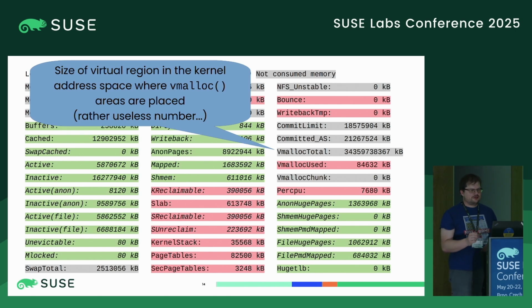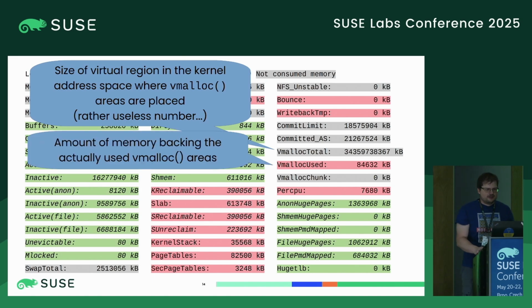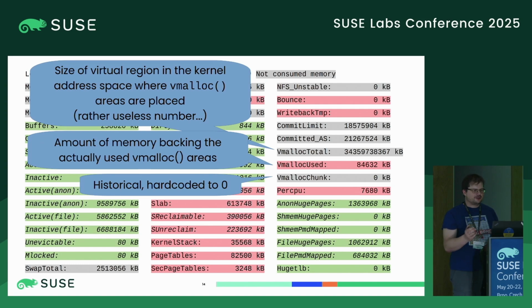So it comes down to this absurd number that is so large that it breaks the formatting and justification. The much more useful one is the second counter, which says how much of this vmalloc area is actually populated and is consuming any memory. Then there's another historical counter that's 0 again, because the vmalloc implementation changed meanwhile and doesn't use those chunks anymore.